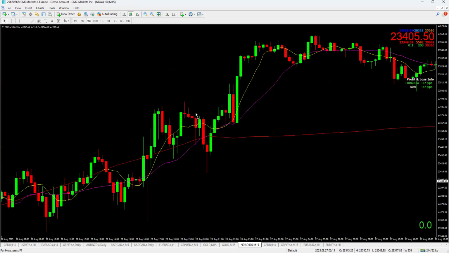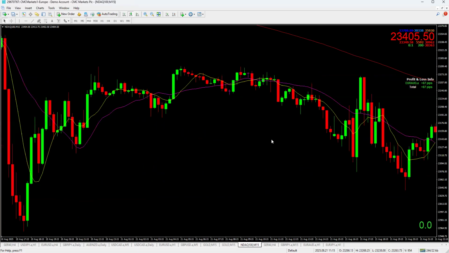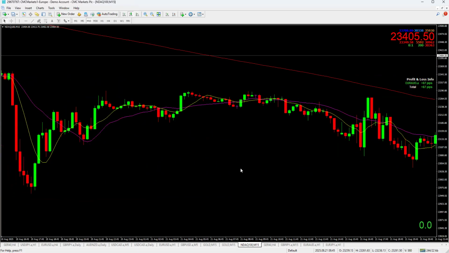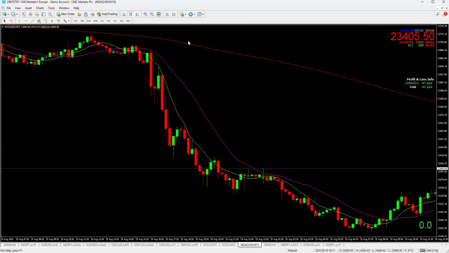When it's the other way around, with the 200 on top, followed by the 20 and the 10, it tells you it's going down. If you like, it's big, bigger, biggest, with the 200 being the biggest, the heaviest of the three.